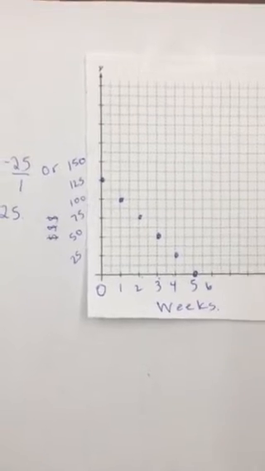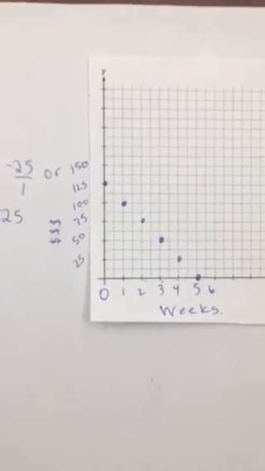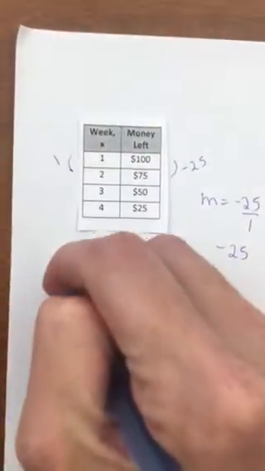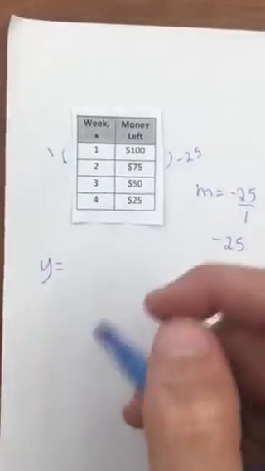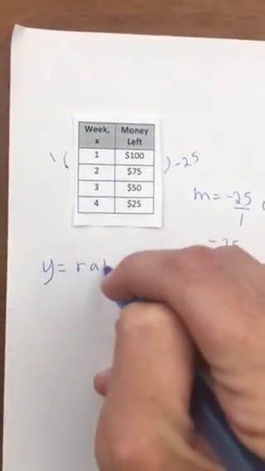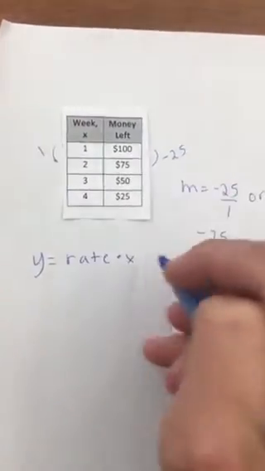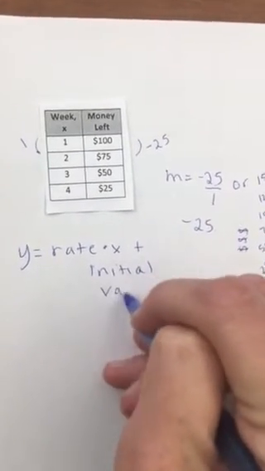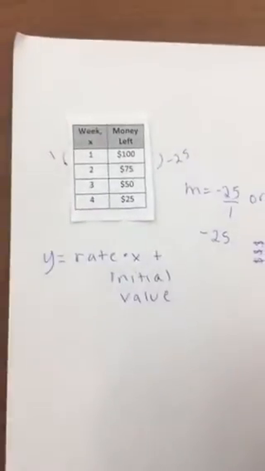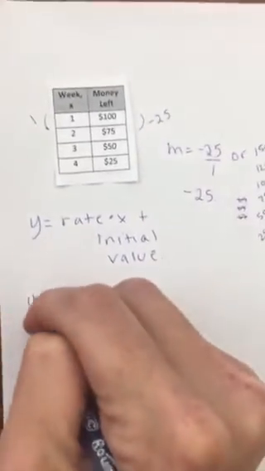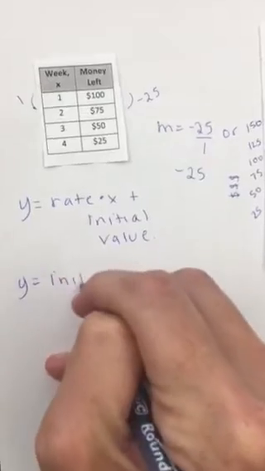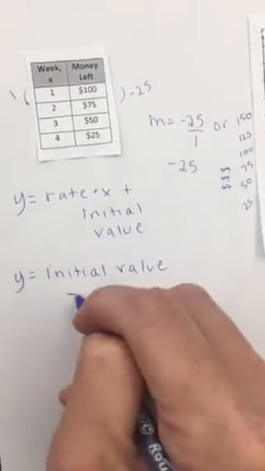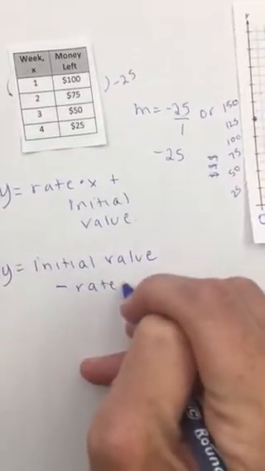All right, so now I want to write an equation. I have a table. I wonder what the equation is. Our equation is always going to be in the format of a rate times x plus our initial value. Sometimes, if it is decreasing, we talk about it in the format of an initial value minus our rate per x.